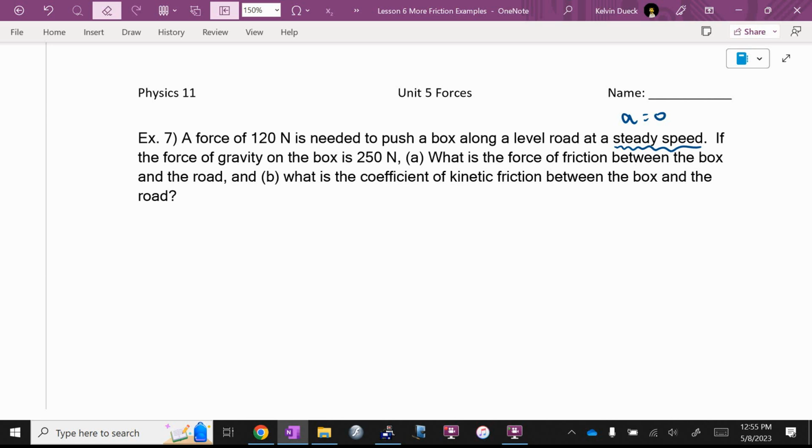The force of gravity on the box is 250 newtons. Okay. Ryan, what does part a want me to find? Don't write this next bit down, look up. My first thought, Jordan, would be, don't write this down, friction equals mu times the normal force.